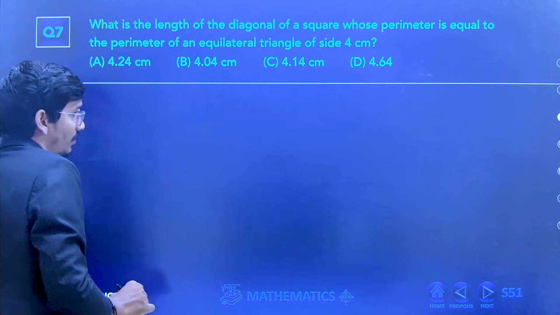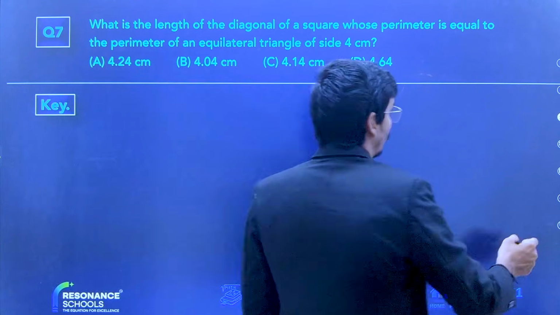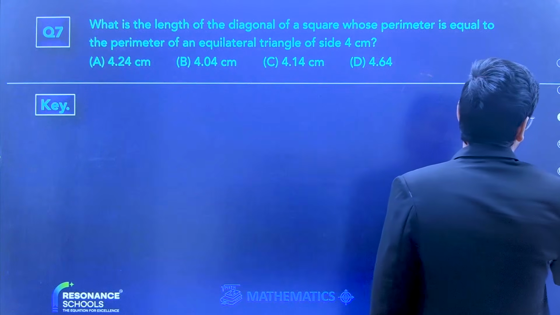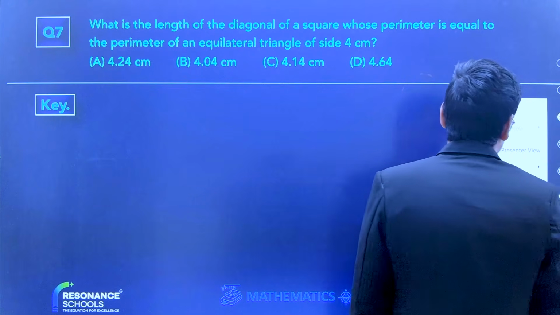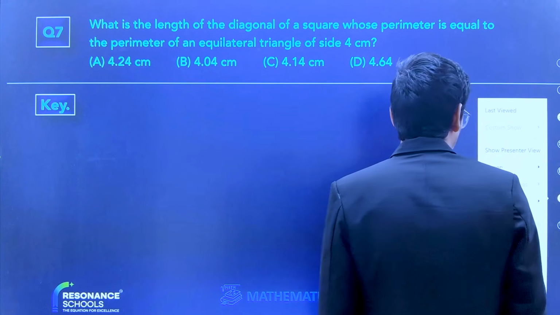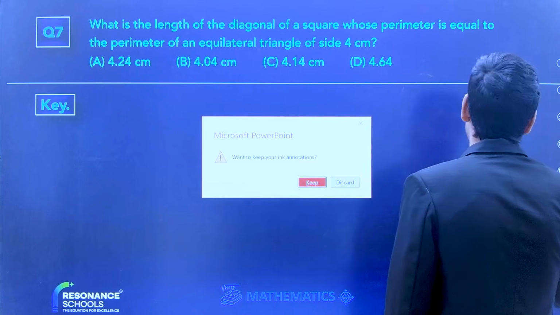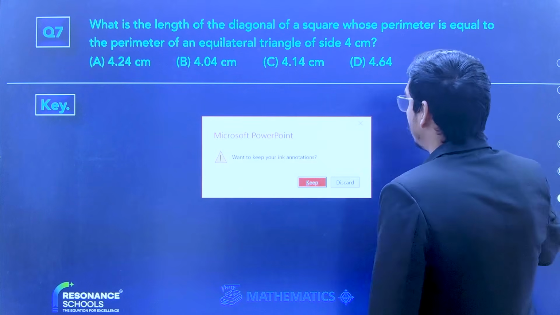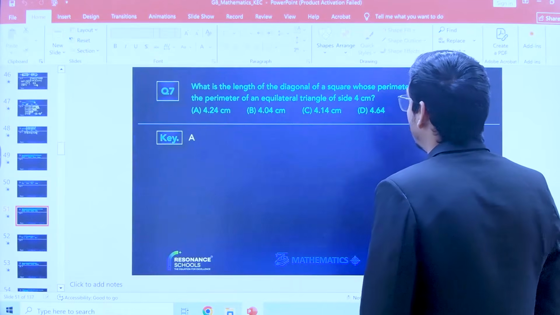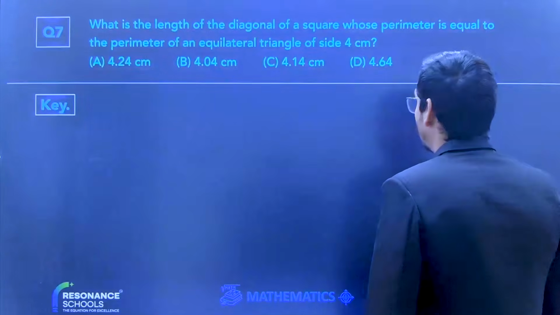Let us suppose this is a square. I can take the help of a figure.